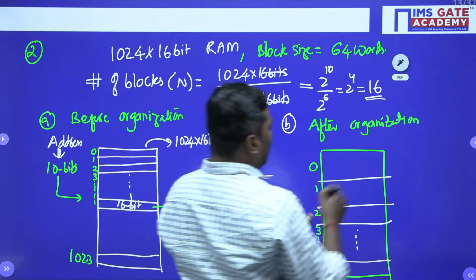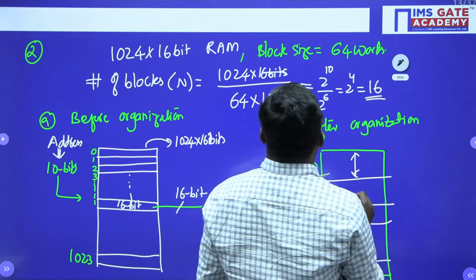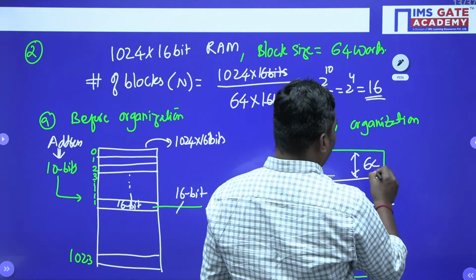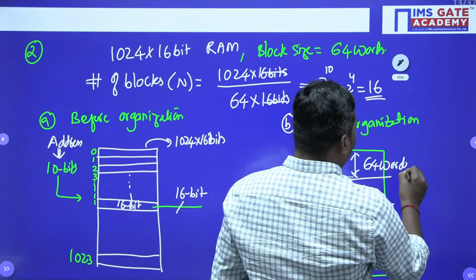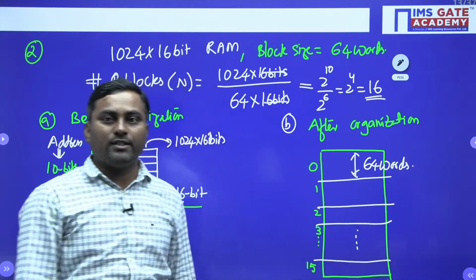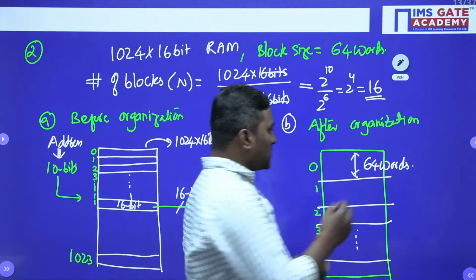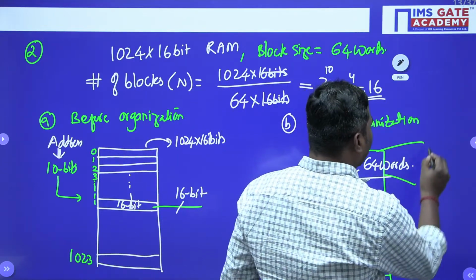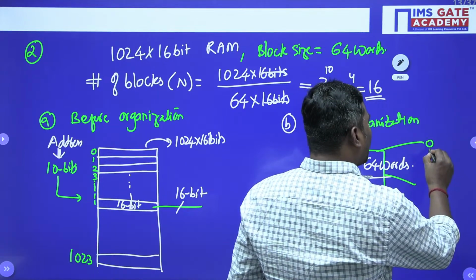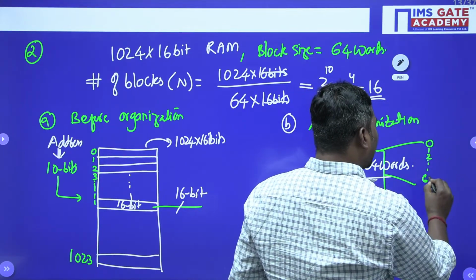So what is the size of the block? The size of the block is 64 words. Please observe block number 0: word numbers 0, 1, 2, 3, up to 63 will be there.